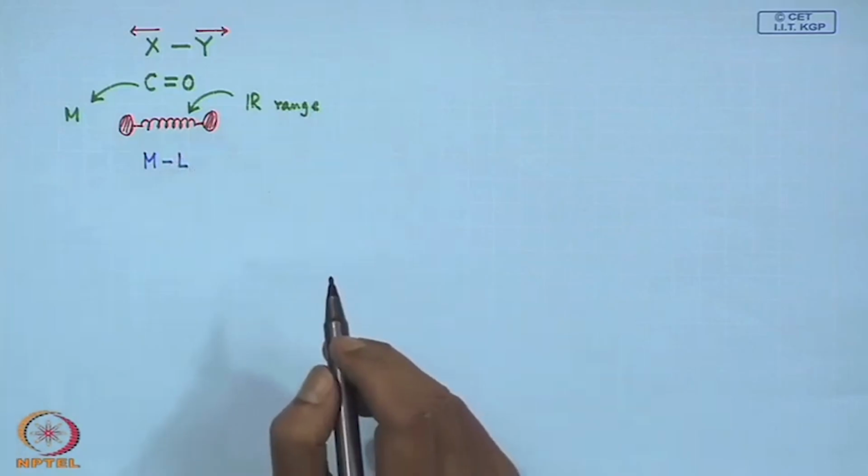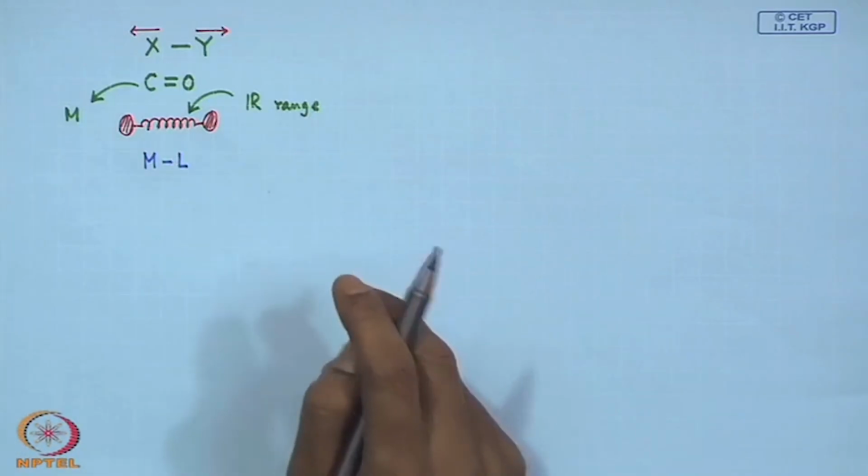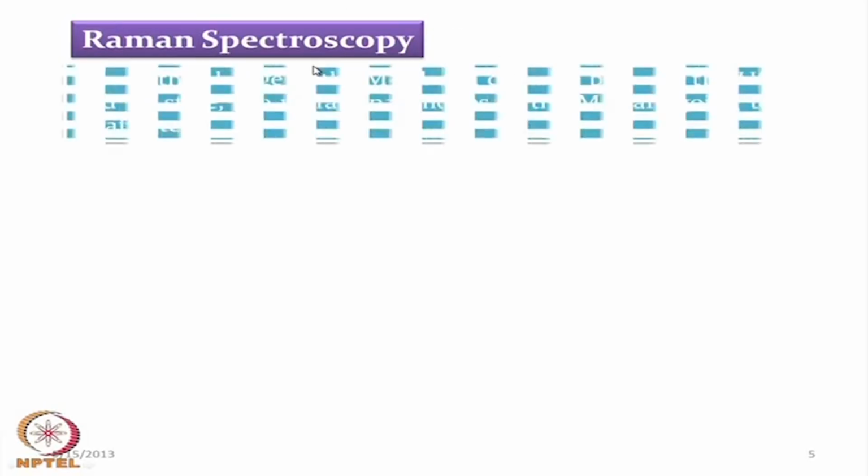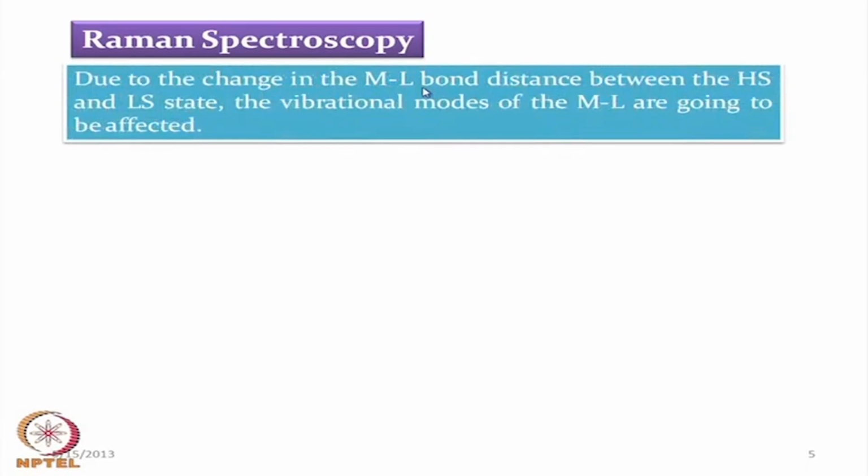And Raman spectroscopy is another technique closely related to FTIR or infrared spectroscopy, where we can monitor the ML bond distances. We have seen that ML bond distances change as we move from high spin to the low spin state, and the vibrational mode associated with the ML bond will definitely be affected or changed as we move from the high spin state to the low spin state.